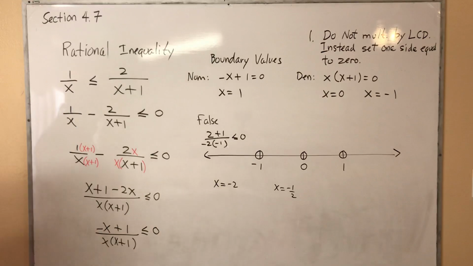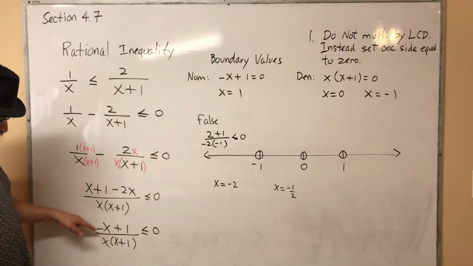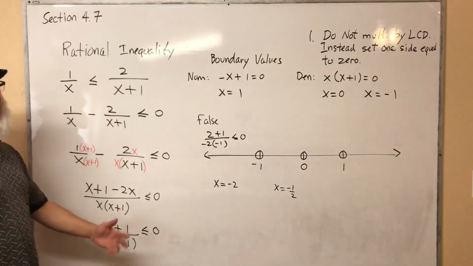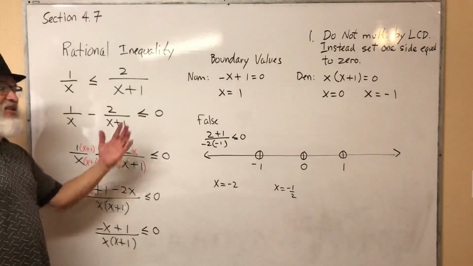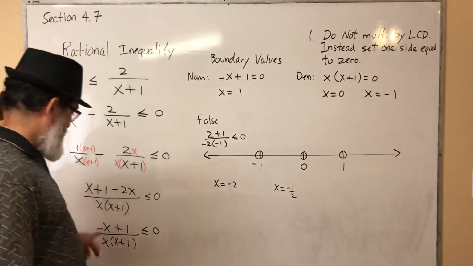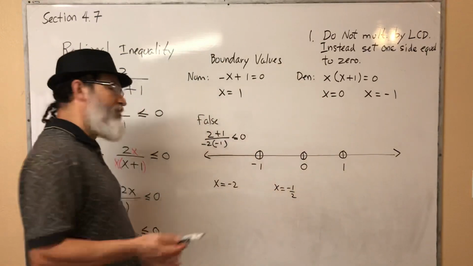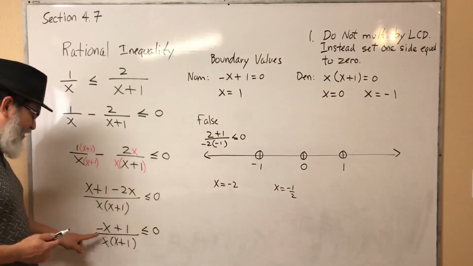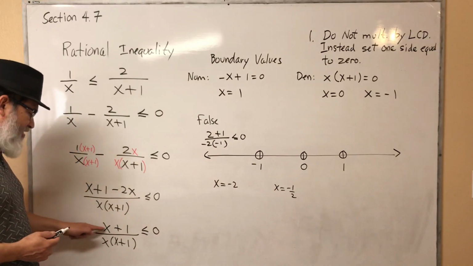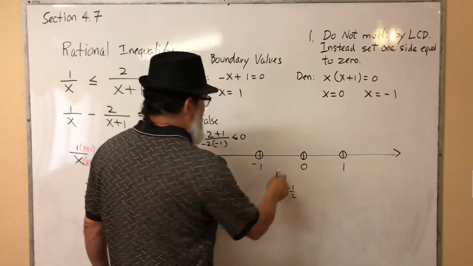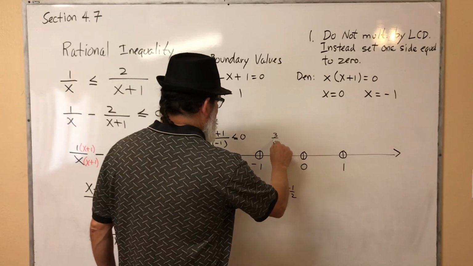Isn't that positive half? So positive half plus 1, that's 1.5. That's positive. The numerator is positive. Okay, I'll write it down. -half right there, negative times a negative is positive. That's half plus 1, that's 1.5. So this is 3 halves.